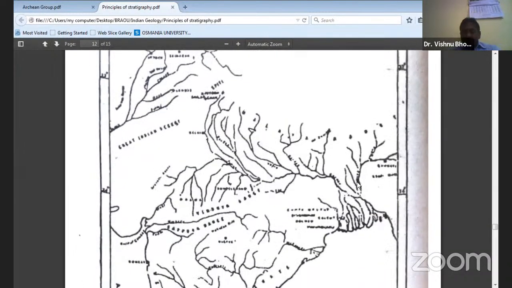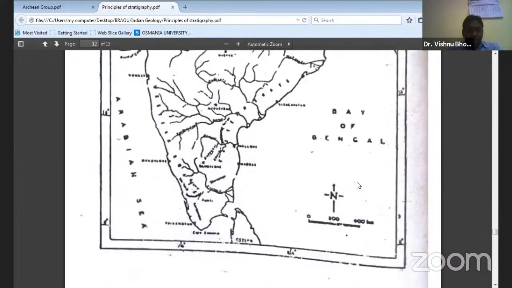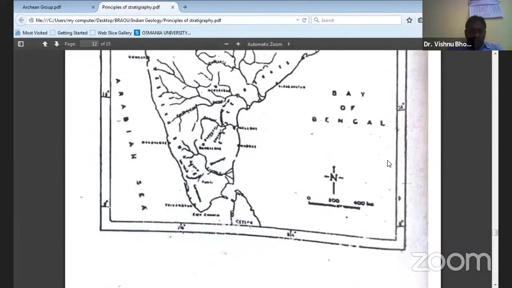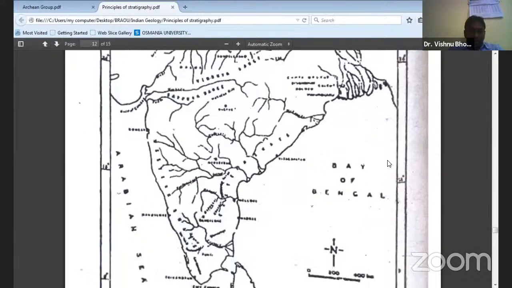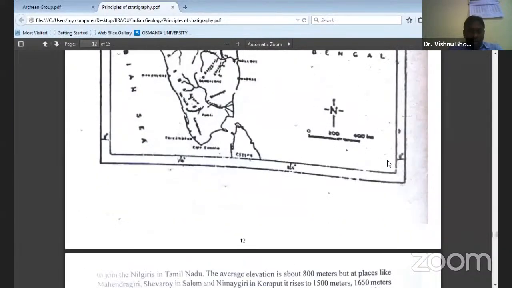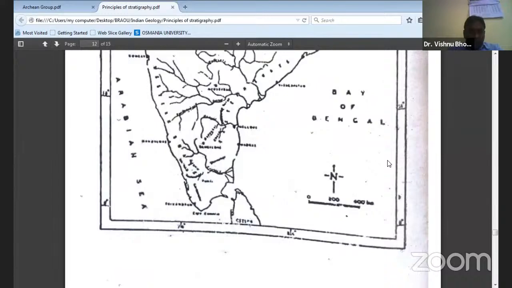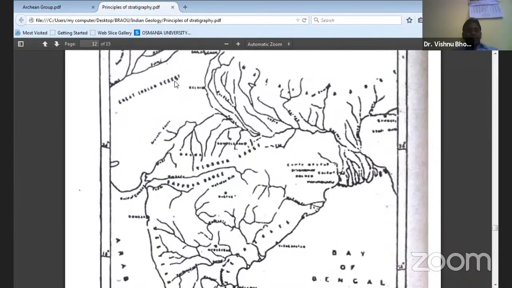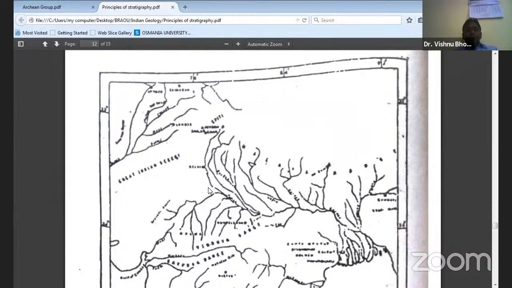Yes, this is our map of India. You see here, this topmost area, this region, not the eastern region.